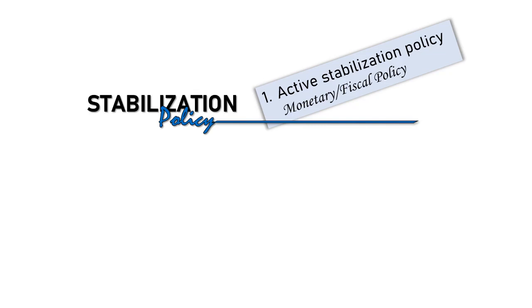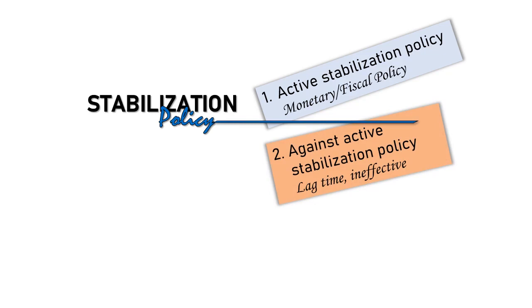Economists who are against active stabilization policy argue that both fiscal and monetary policy always work with lags. Monetary policy usually has a long lag because many firms make investment plans far in advance, while the impacts may last for several years.